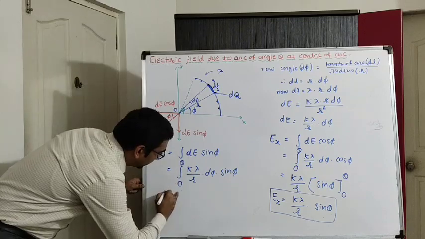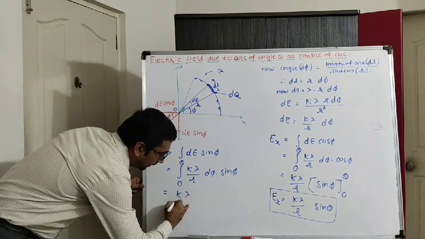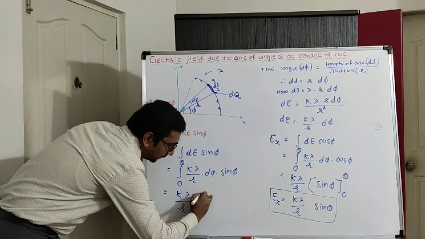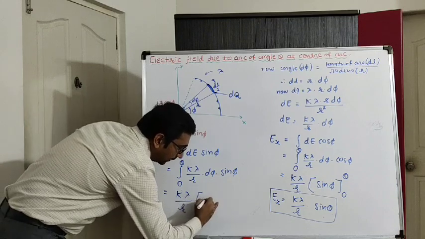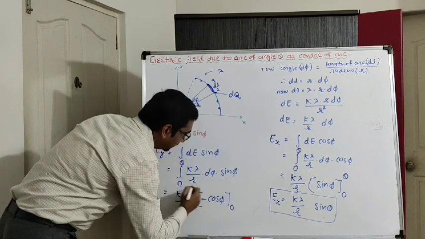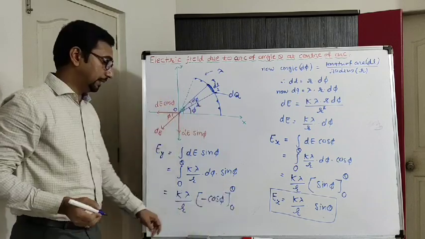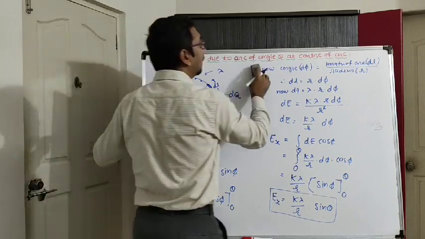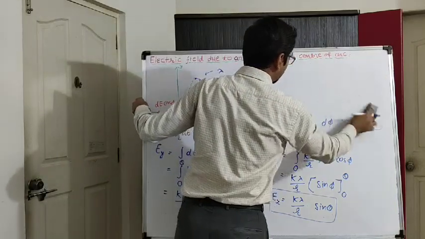If we integrate it, k is constant, lambda is constant, r is constant. The integration of sin phi is minus cos phi, with lower limit 0 and upper limit theta. So substituting the upper limit and lower limit.